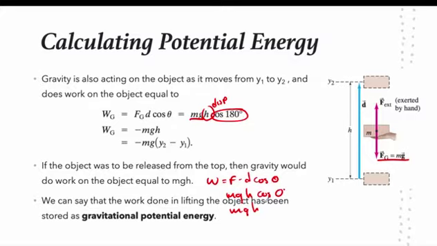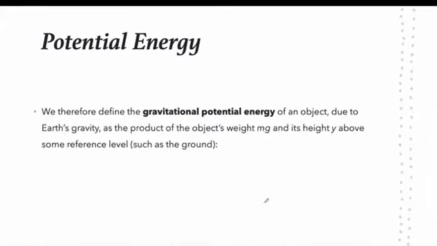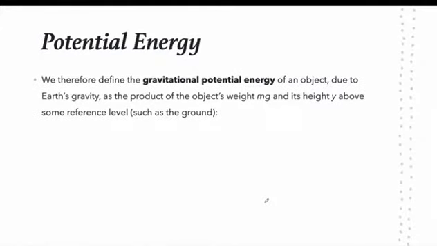It has the potential to do some work. Based on this example, we can define gravitational potential energy as the product of the object's weight and its height above some reference level. Usually the ground, but the reference level can be anything that you decide.